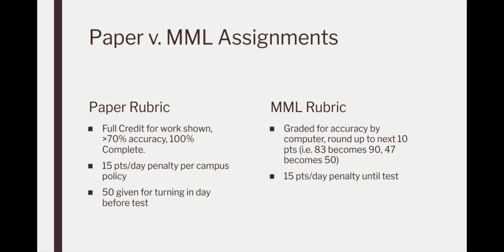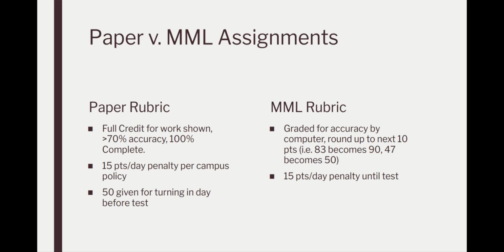Because MyMathLab grades the work for the instructor, but because there were also small issues concerning the placement of a decimal point or a space in the answer, I gave students the grade that they were assigned by MyMathLab, with the only change being that a student's grade was rounded up to the next 10-point interval.